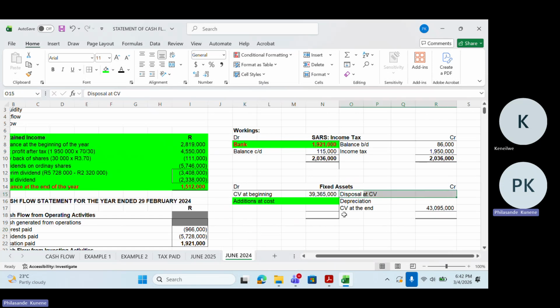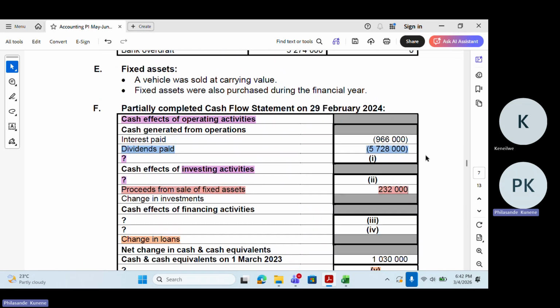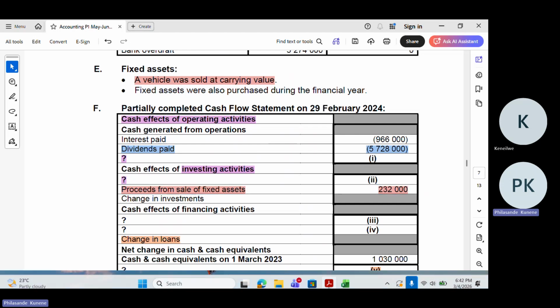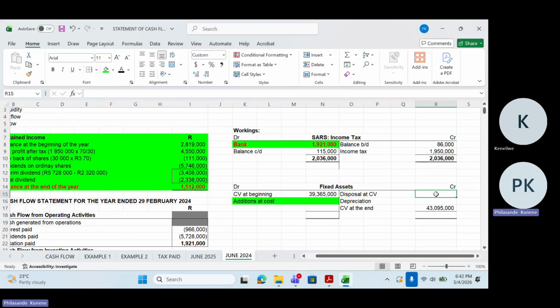But disposal at carrying value, we do have from the cash flow, because they told us proceeds from sale of fixed assets, 232,000. Can you see that we do have this amount? And they said here a vehicle was sold at carrying value. So these 232,000 rands, that's what I'm going to record here.